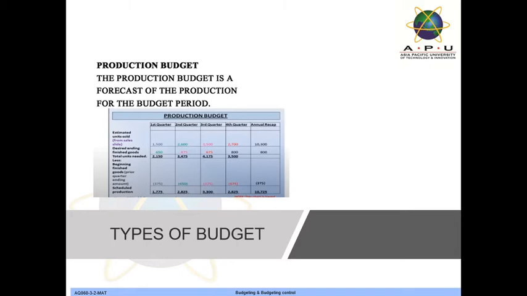So it provides the estimate of the total volume of production, which is aligned with scheduling the operation by days, by week and month, and also includes the forecast of the closing finished product inventory. Who is responsible for preparing this budget is normally the factory manager.